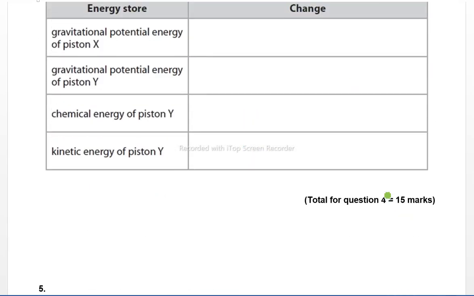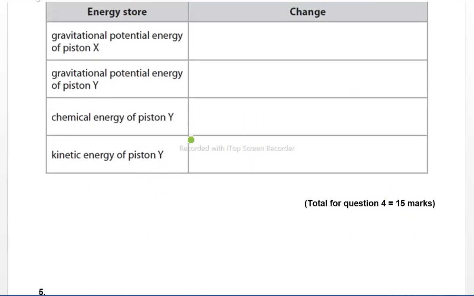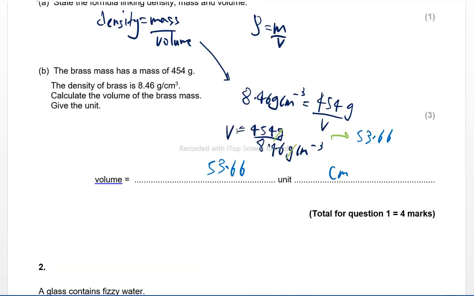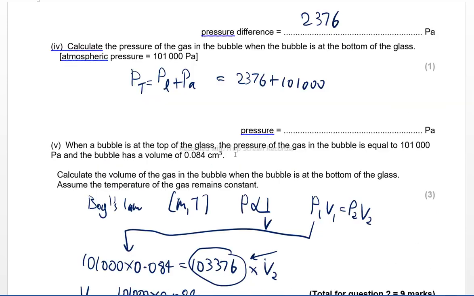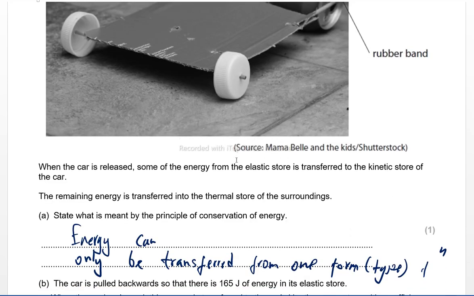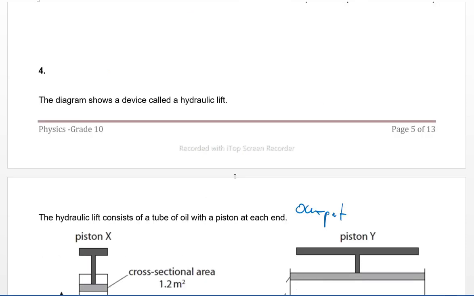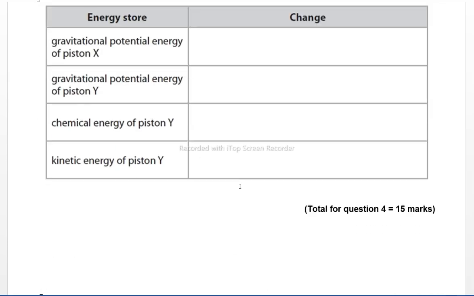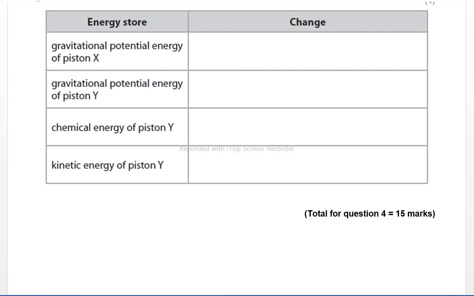So overall, this is a decrease. Decrease, increase.